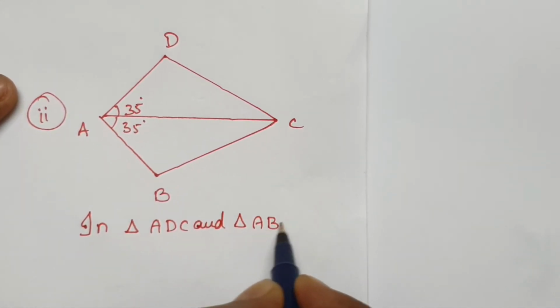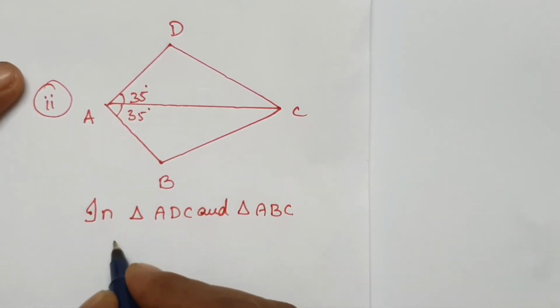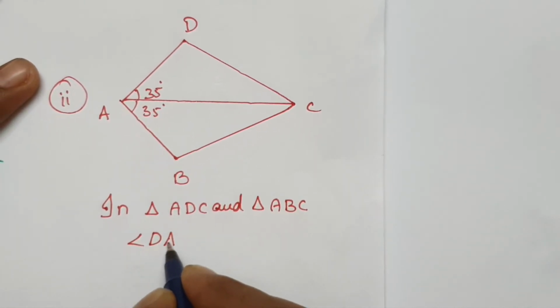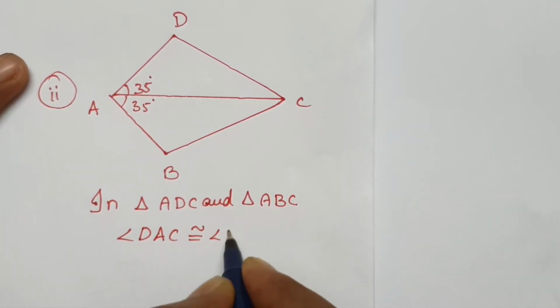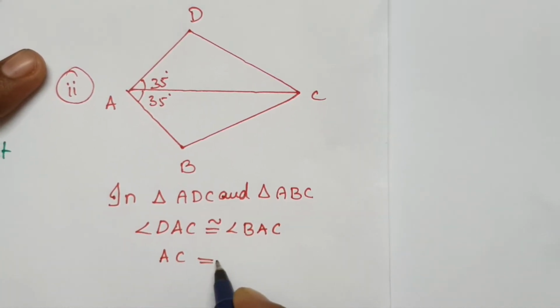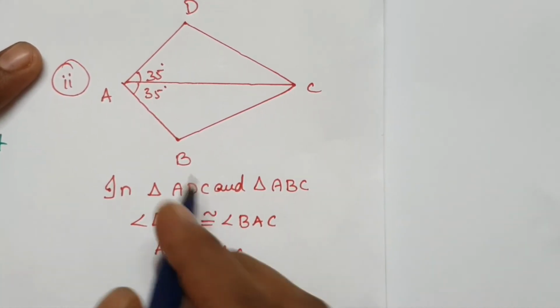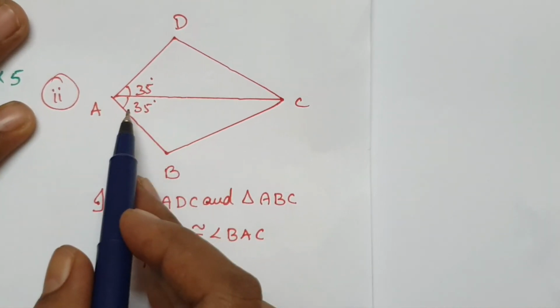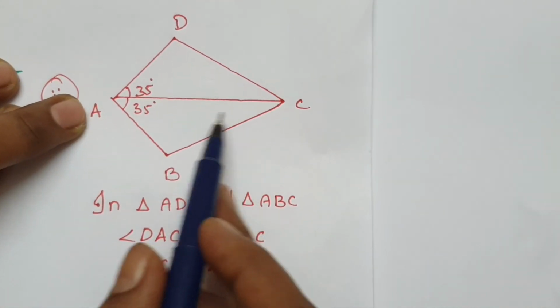triangle ABC, two triangles, here angle DAC is congruent to angle BAC. AC is congruent to AC. So AC is only one diagonal, this congruence is as it is.